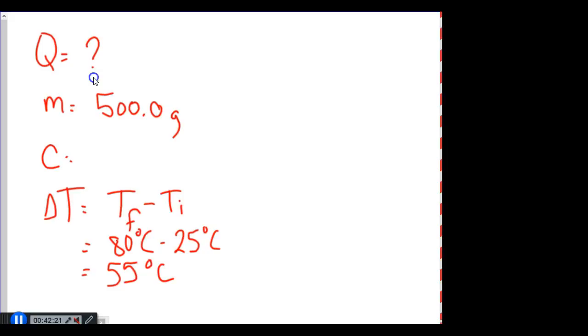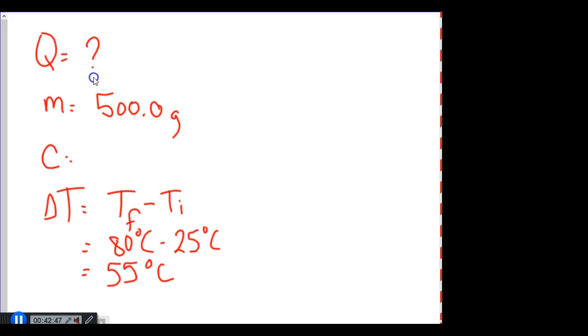But C is missing. I am not going to give you a question that has two unknown variables. That means C has to be available from somewhere. You're looking in the right place. C is the specific heat capacity of what substance?